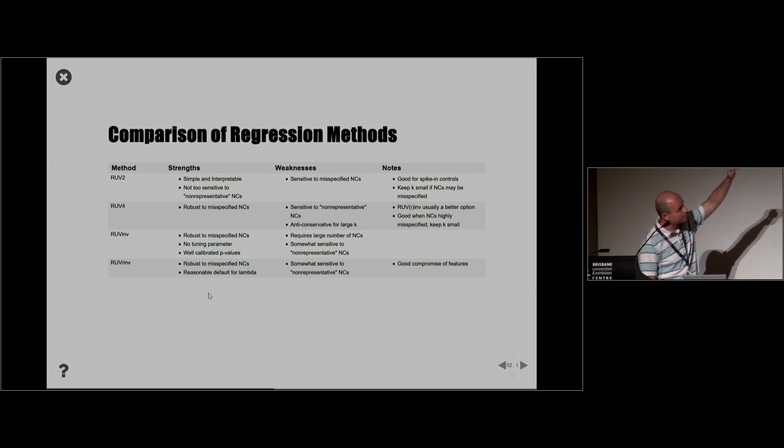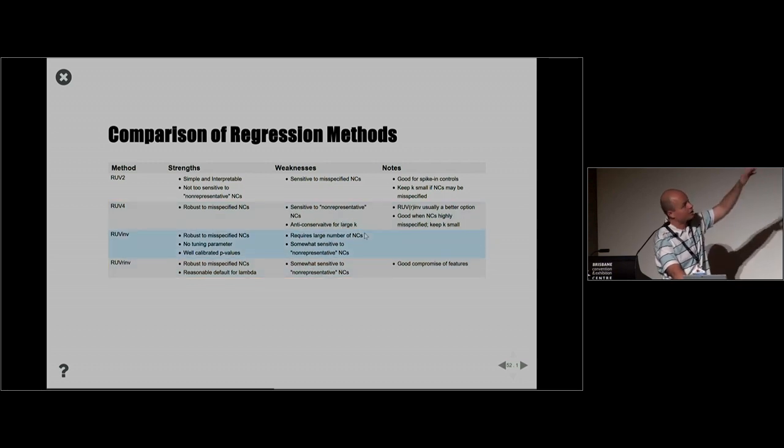RUV inverse and RUV-R inverse are methods that are robust to the choice of the number of factors, and so they just by default use a very large number of factors, so you don't need to pick a k. Both RUV-R inverse and RUV inverse are also fairly robust to misspecification of the negative controls.